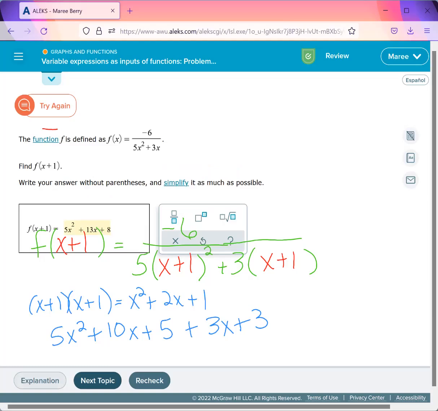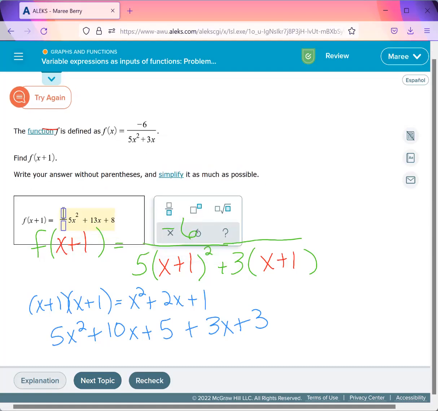Oh, guess what? That was just my denominator. So we're going to divide all of that. There's got to be a better way to type this out. That's okay. We're going to do negative 6.